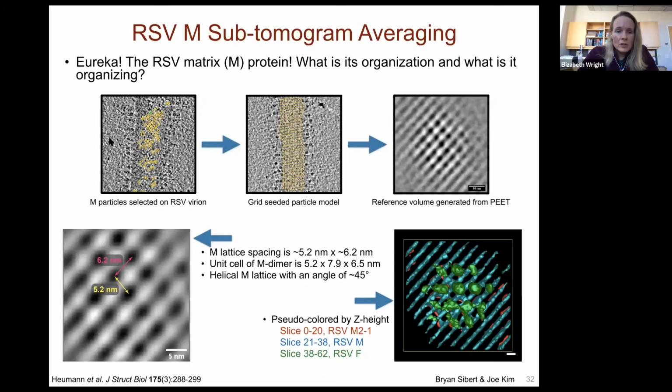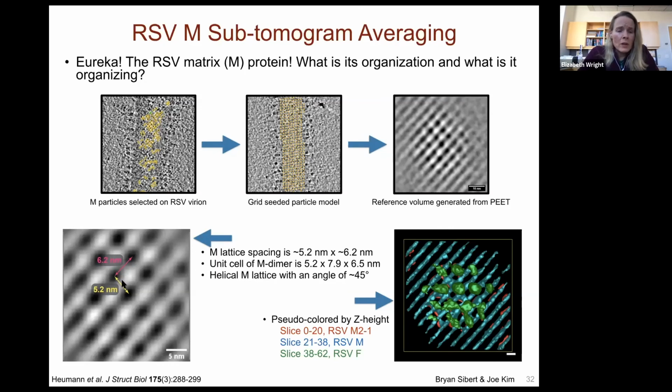Brian initially picked a random organization of particles to get a baseline model of what this lattice would look like. Then he reintroduced that to emClarity, the program he was using, to automatically pick positions where there would be matrix protein lattice, so that we could generate a higher signal-to-noise, higher resolution structure of this lattice. The density is illustrated in dark here.